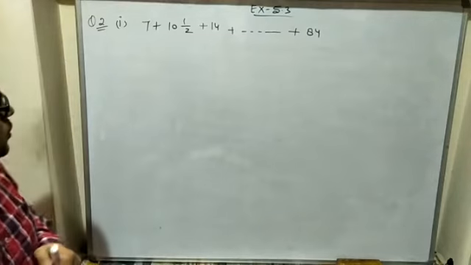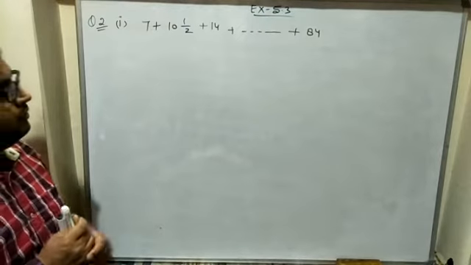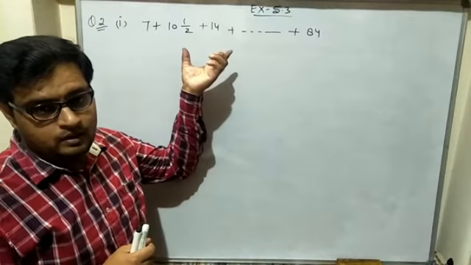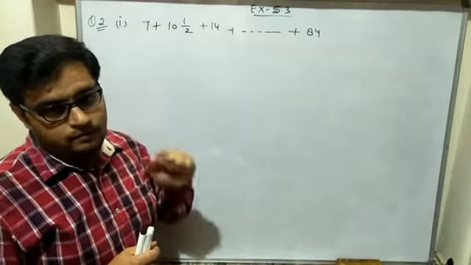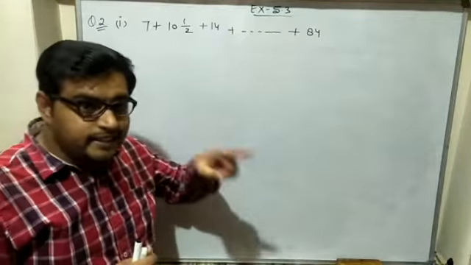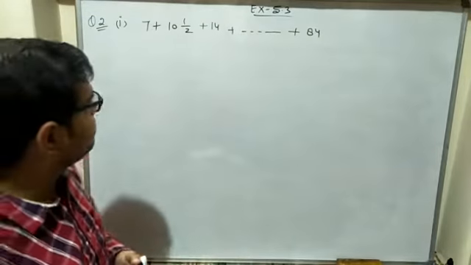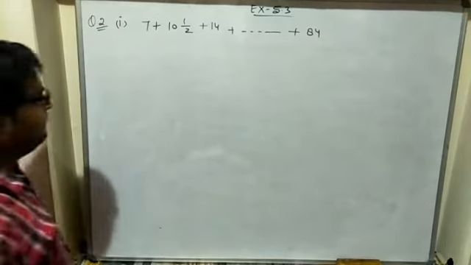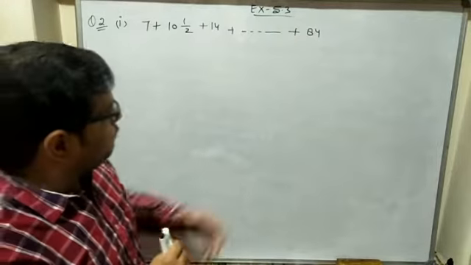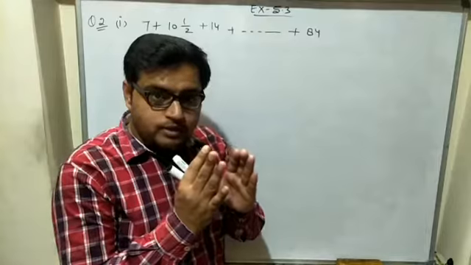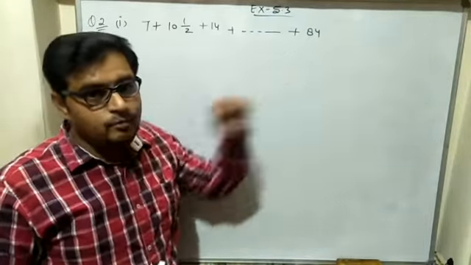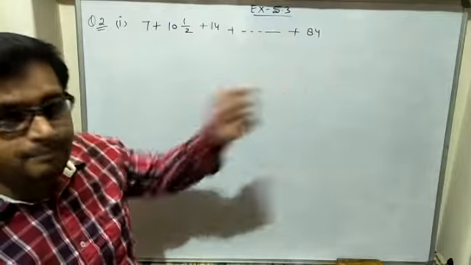As you observe, it is given in some form. It is not a progression, it is a series, a series in AP, whose common difference is the same. After observing the given part, we observe that 84 is the last term of that series, or we can say AP.